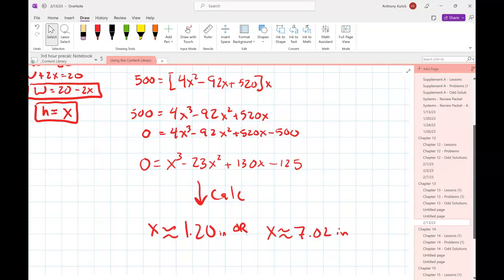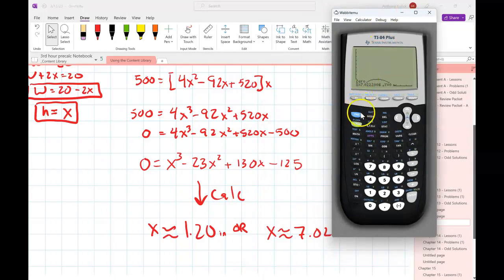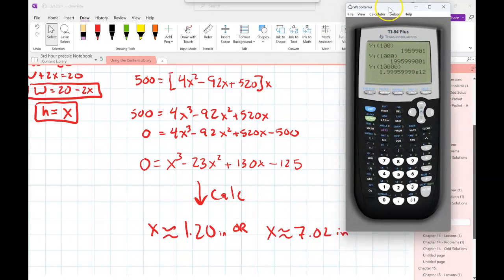That's strange. No, 520 should be, that's just an error. Okay. Should we check this? So what can I do to check this? Y1, sorry. If I do y1 of 1.2 or 7.0, I should be getting what number? Yeah, the 500.